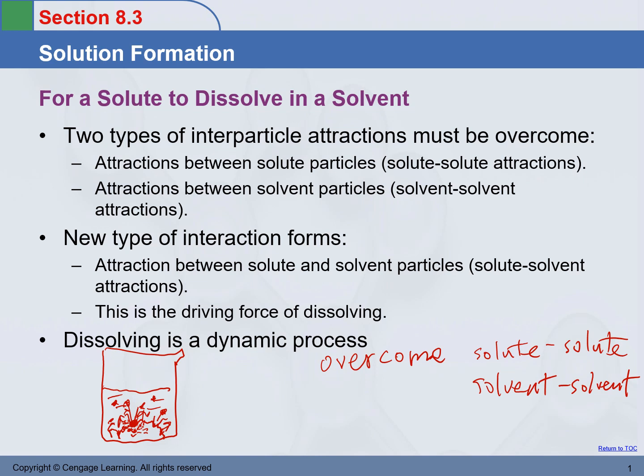So there are two processes going on. Some of the particles are dissolving, some of the particles are coming back to the surface of the solid. At a certain point, they will reach an equilibrium. At that point, the solution is saturated. Again, dissolving is a dynamic process.